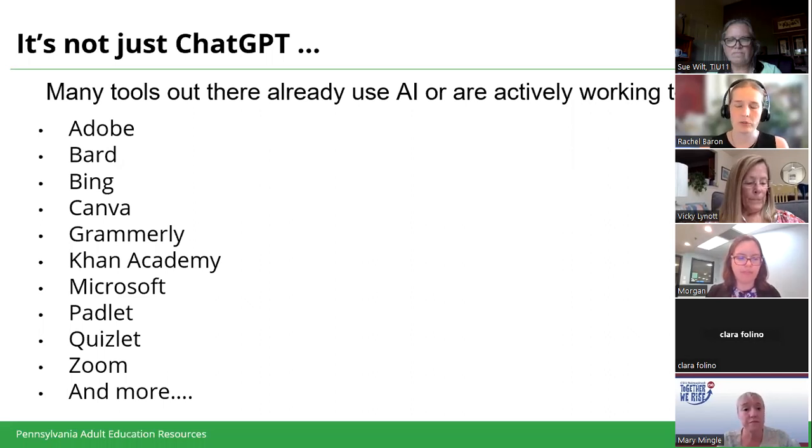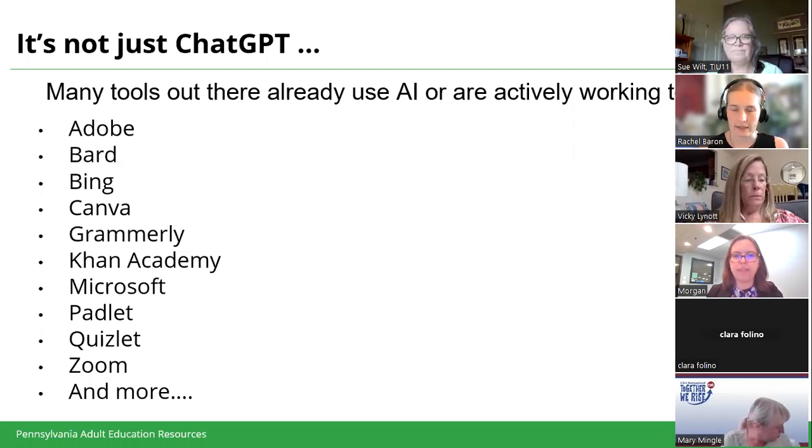There are a lot more tools that have announced that either there are AI tools available or they are working on it. So if you think about tools that you use just in your teaching, things like Khan Academy, Padlet, Quizlet, even Zoom is working on some AI integrations. So this is definitely going to affect all of us.